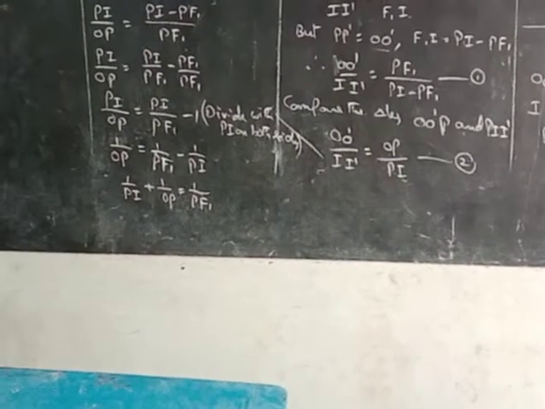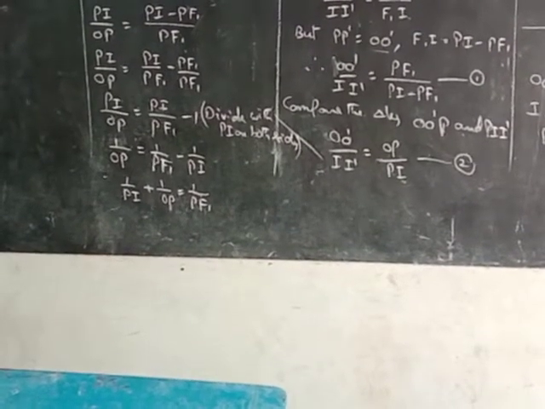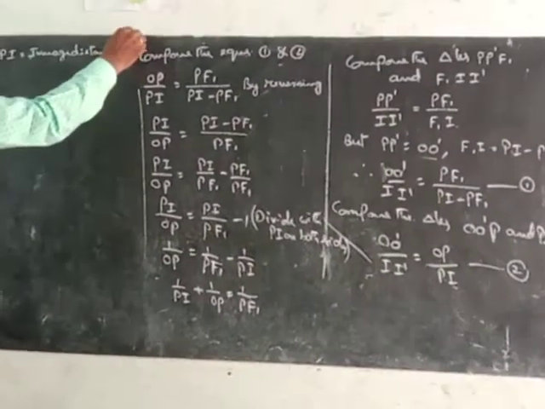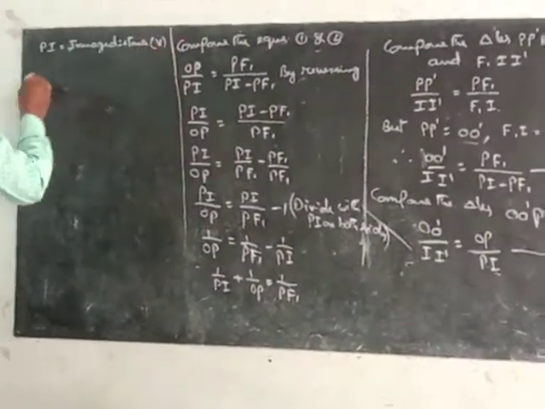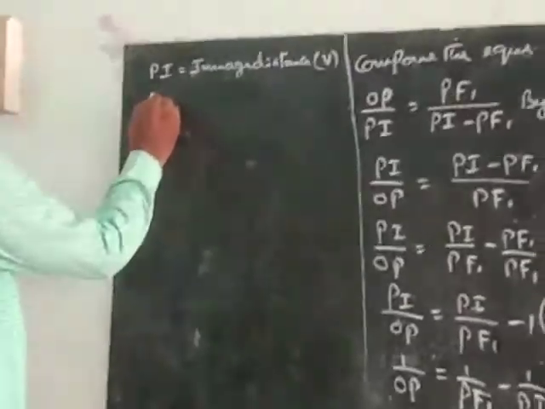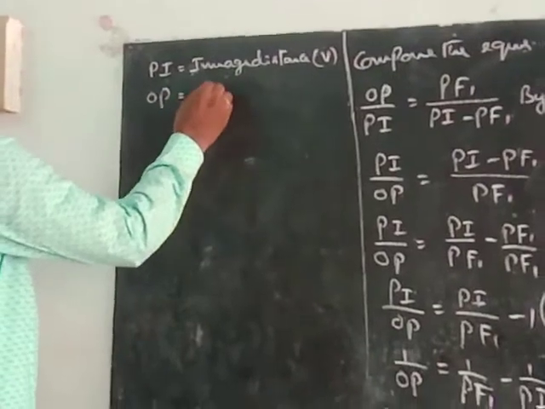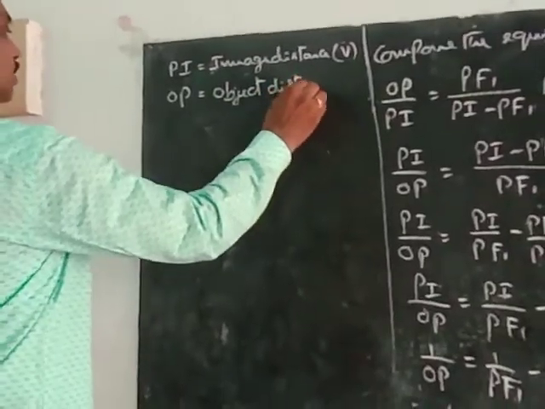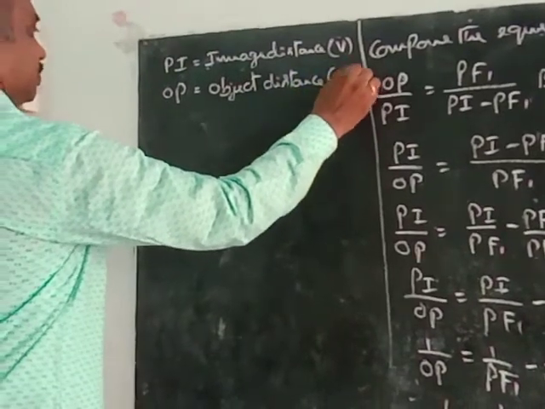Here PI is equal to the image distance, from the optic center to the image, that is image distance v. Here OP means object distance. This is taken as minus u.